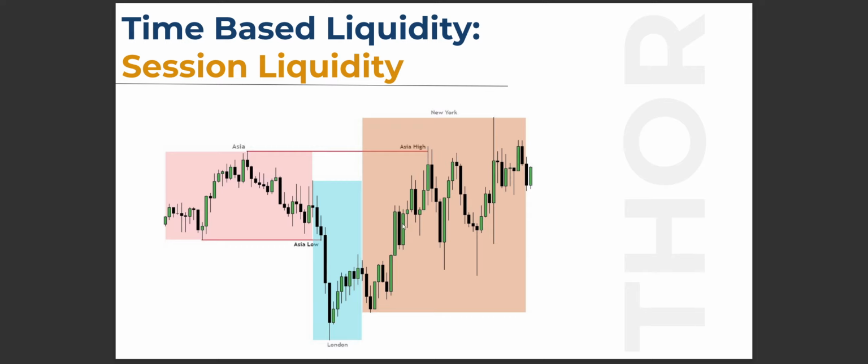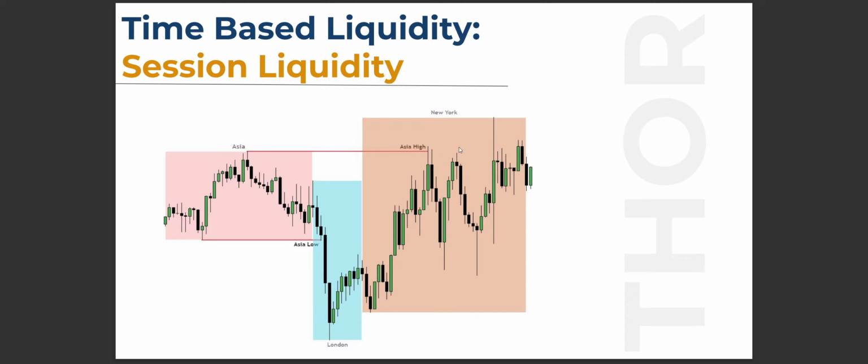Like for example, if this was a trending market, it would have just run the Asia low during London and kept going lower during New York session. And looking at the liquidity and the session liquidity like this, and creating a framework using it, it could also give you the advantage of anticipating a range bound market.